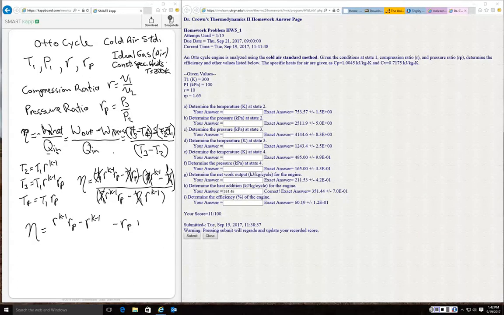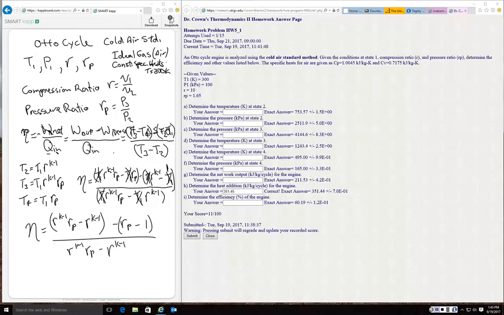And if we group these two together, then we can factor out a minus 1. And then the denominator we can write as r to the k minus 1 RP minus r to the k minus 1.